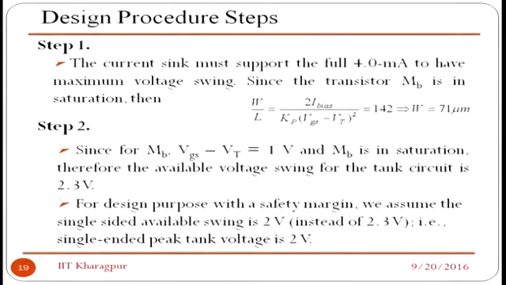First you calculate the W/L ratios of those transistors, and then you can calculate the biasing transistors, and then the voltage difference VGS, 3.3 minus 1 volt is 2.3 volt.